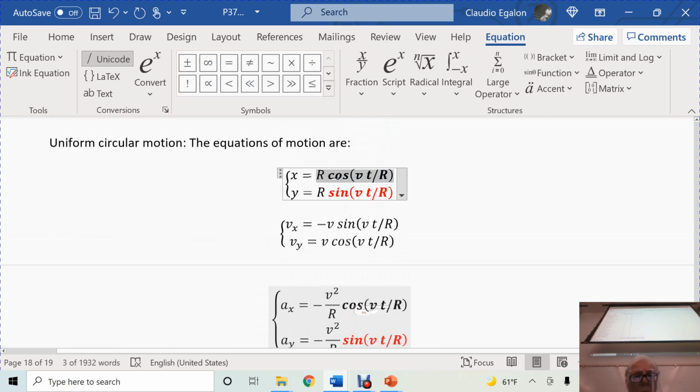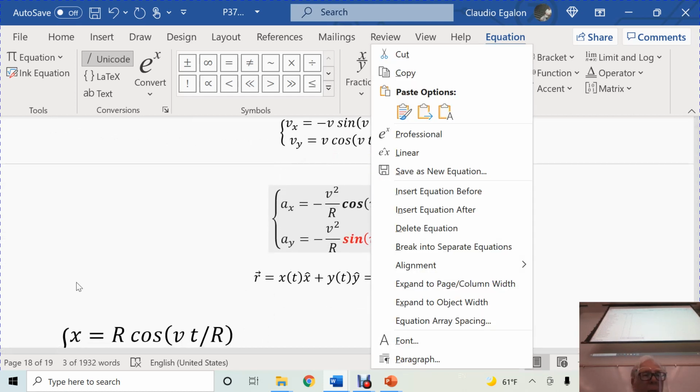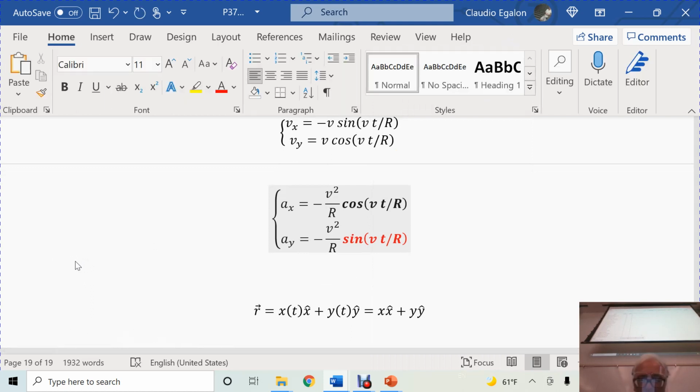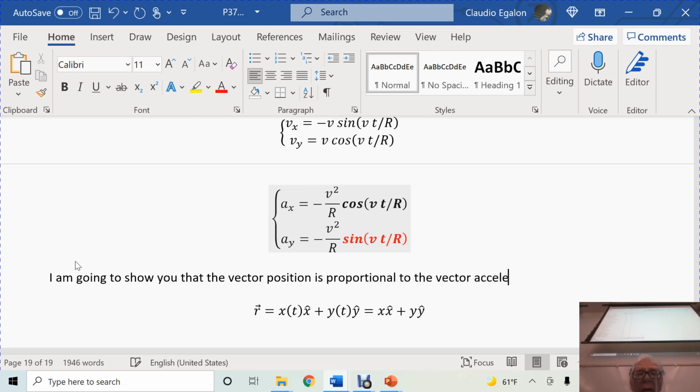I'm going to show to you before you forget why we're doing that, right? I'm going to write that down here. I'm going to show you that the vector position is proportional to the vector acceleration. Okay?